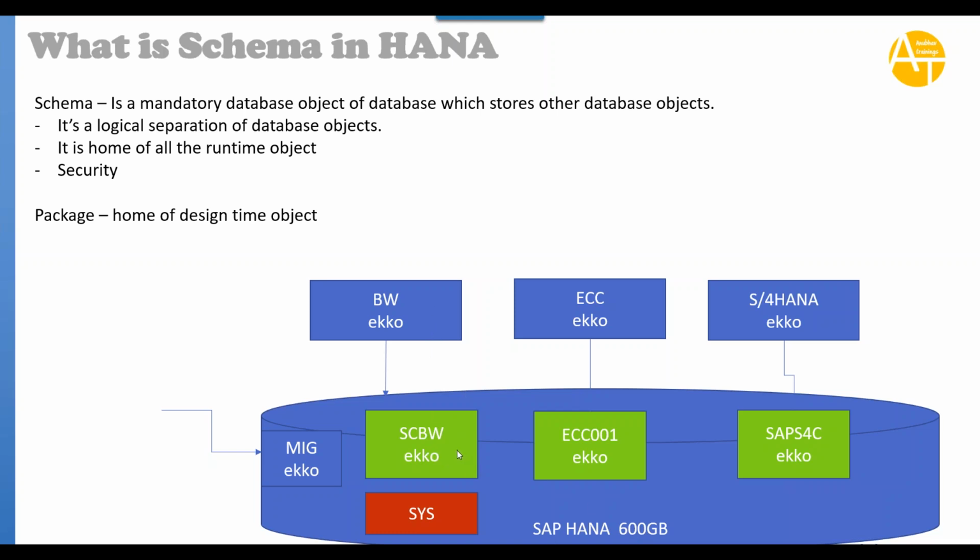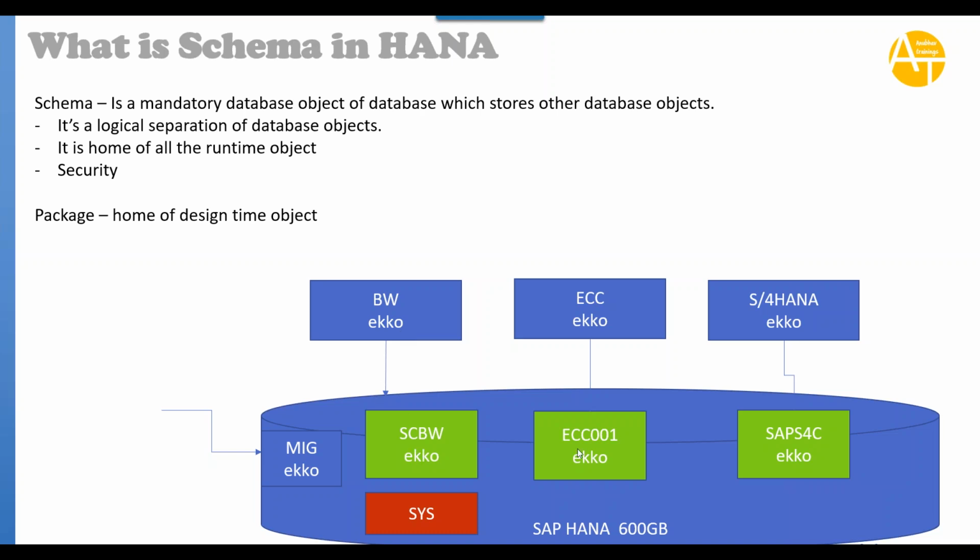So what you do, you create three schemas: SAP BW schema, SAP ECC schema, and SAP S4 schema. And all these three systems connect to their dedicated schemas. So suppose there is a table called EKKO, the purchase order header table. If you have just one database, you can't have the same table storing data for BW, ECC, and S4.